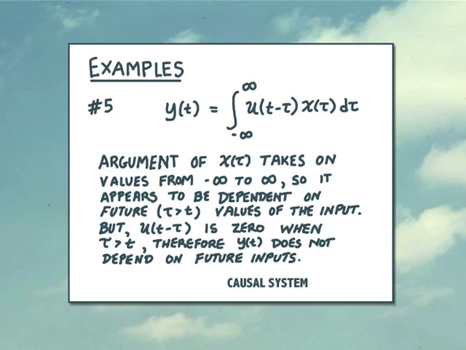But you'll note that u of t minus tau will be 0 whenever tau is greater than t. And that means that values of x for times greater than t will not actually contribute to making y of t. So this system is causal.